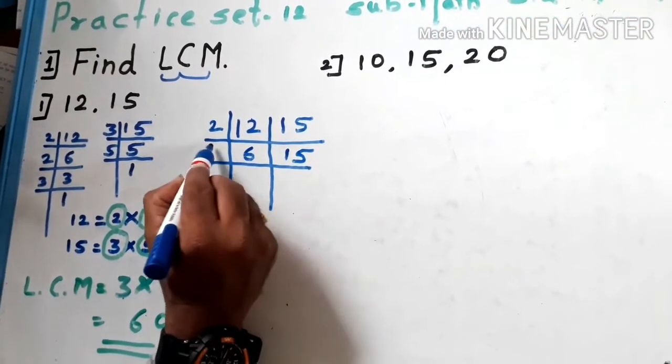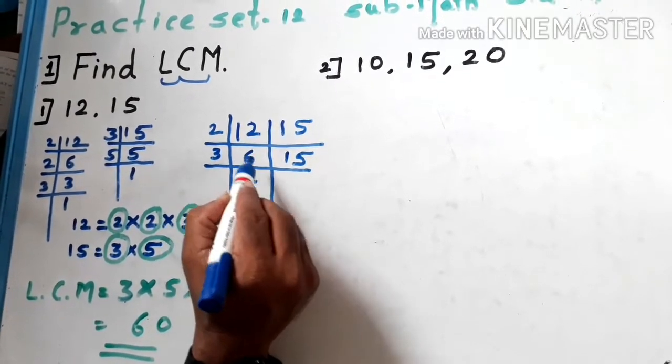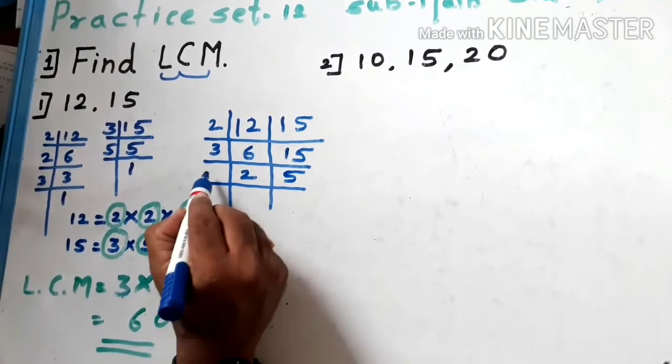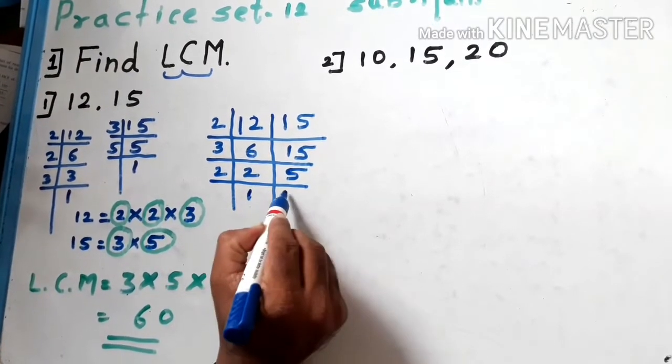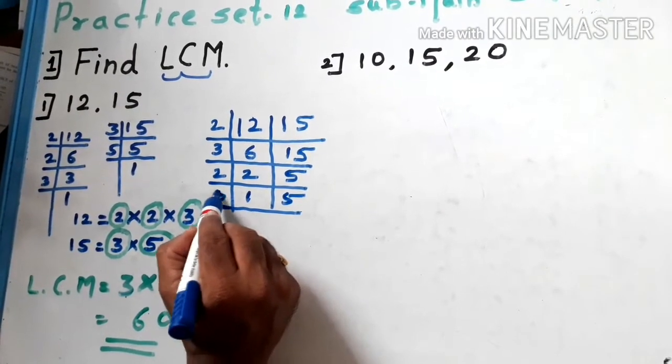Both are divisible by 3. 3 into 4 is 12, and 3 into 5 is 15. Here 4 is divisible by 2 again, 2 into 2 is 4, and 5 stays 5. Here is one method, 5 into 5.